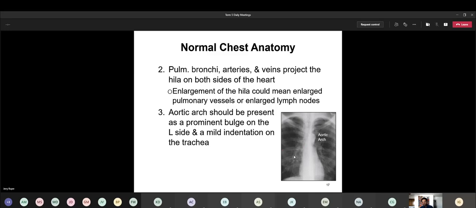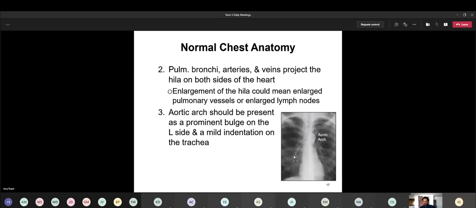But if this looks to be bigger, like instead of just little wispy little lines, it starts to look like really big, thick lines, or big nodules start to show up out here, then that could mean that you've got an overactive immunity system and your lymphatic system is very, very active.